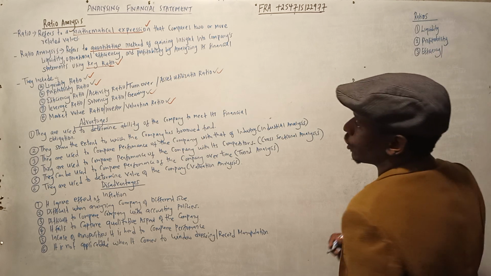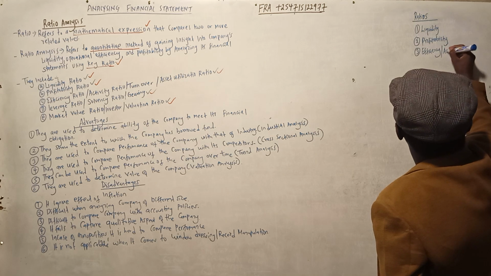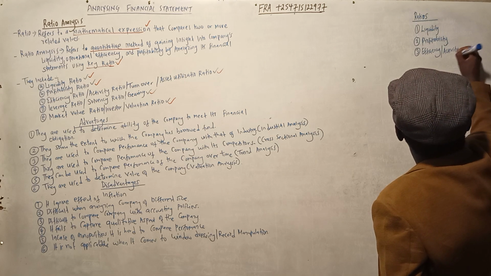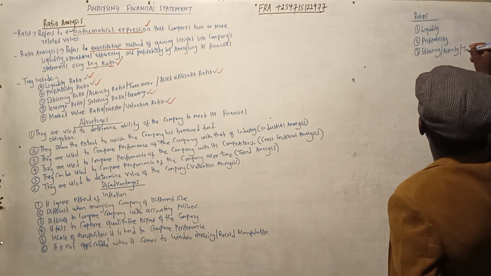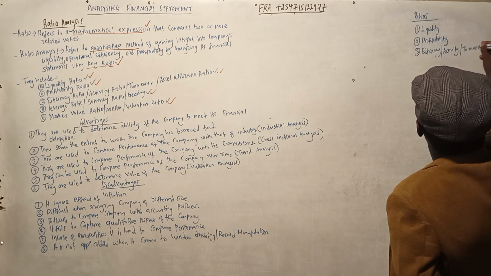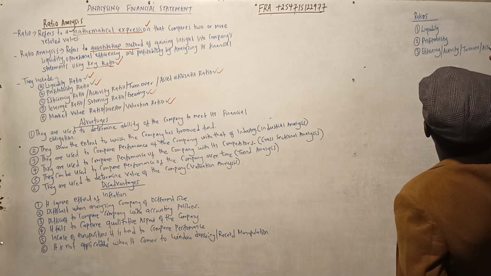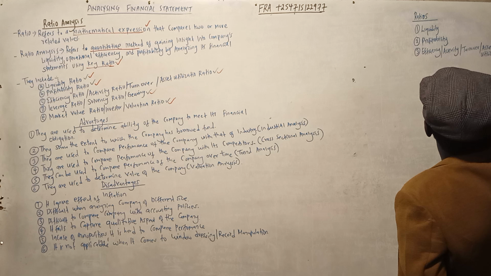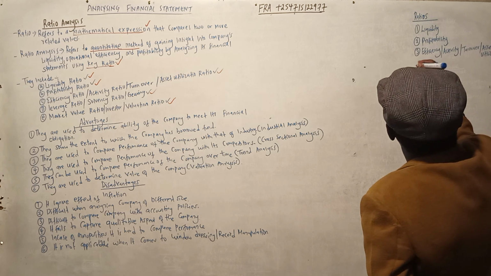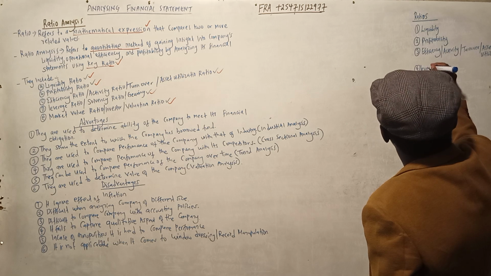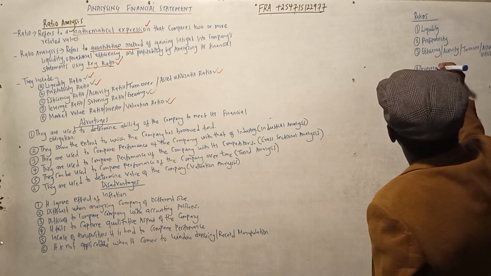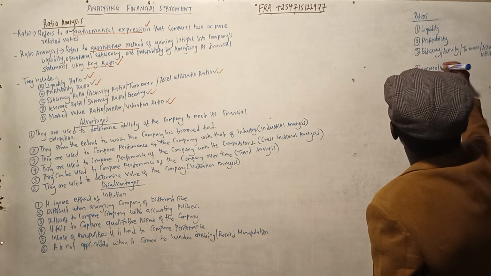We have the efficiency, or what we call the activity or the turnover or the asset utilization. Number four, leverage, we have solvency.